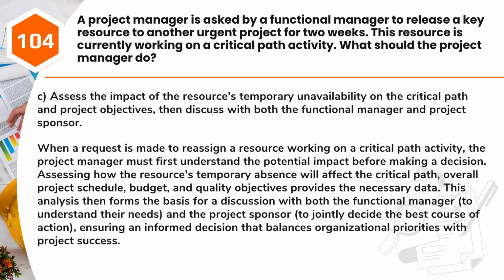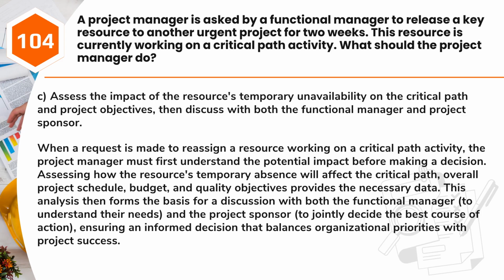Answer: C. Assess the impact of the resource's temporary unavailability on the critical path and project objectives, then discuss with both the functional manager and project sponsor. When a request is made to reassign a resource working on a critical path activity, the project manager must first understand the potential impact before making a decision.